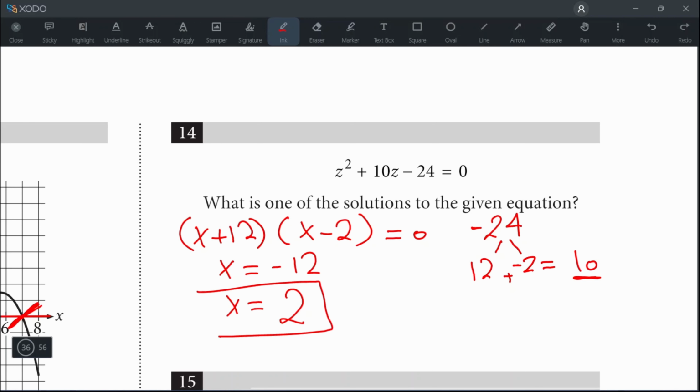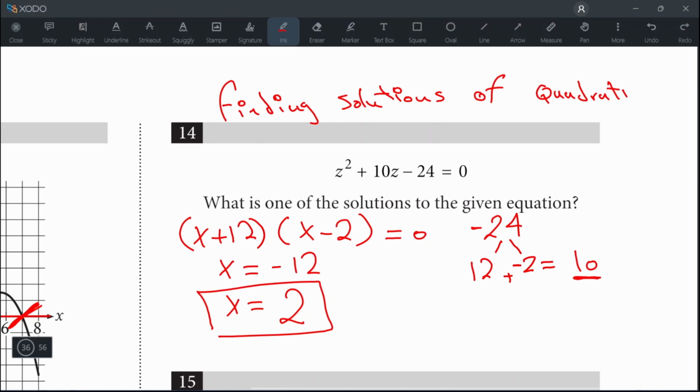So the answer for this question is 2. This question is about finding solutions of quadratic functions.